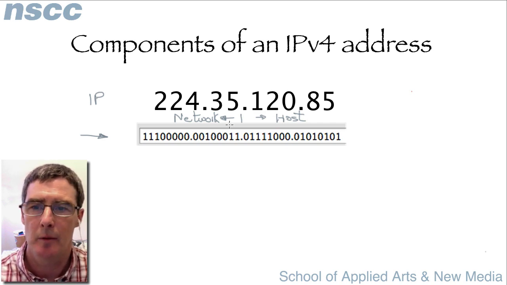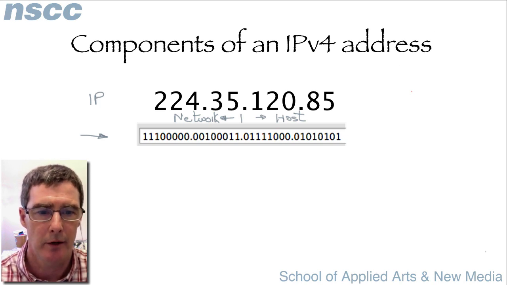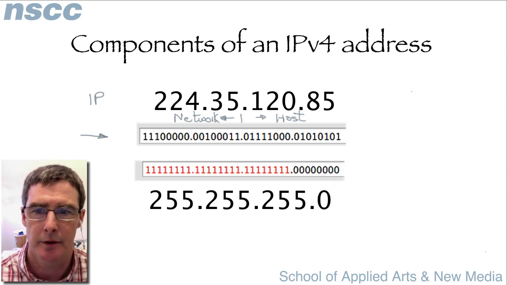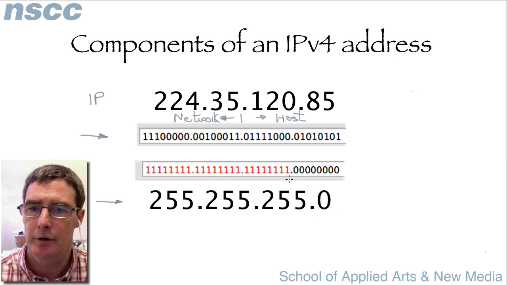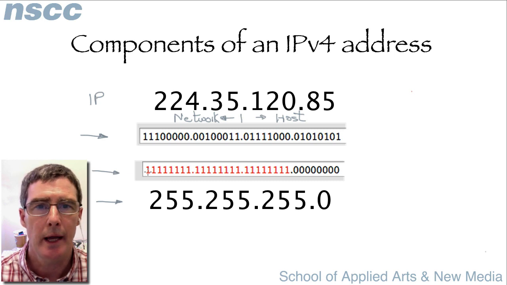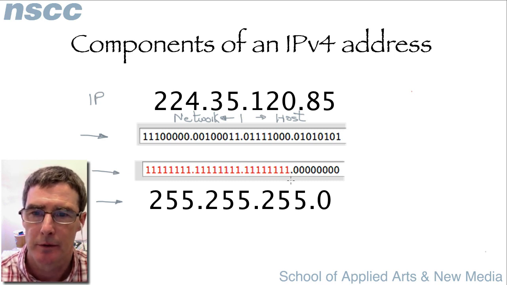Finding this division point is accomplished by the network mask. We'll illustrate that here. Let's suppose this network uses this network mask. We're going to convert this to binary here. Wherever we have ones, that is all the network part.